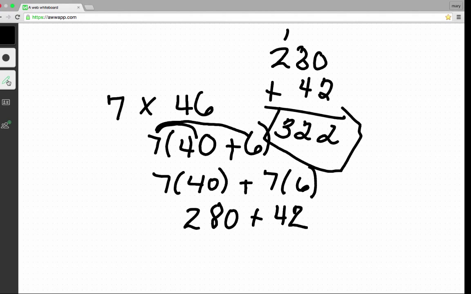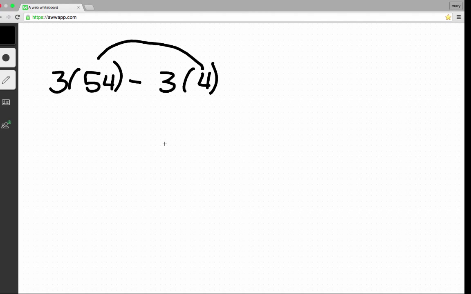All right, let's check your next one. This is a subtraction problem. 3 times 54 minus 3 times 4. So ask yourself, what number is the same? That's the one we're distributing. We're passing it out. Again, our job is to get those in the same parentheses set. 54, here's your subtraction sign.